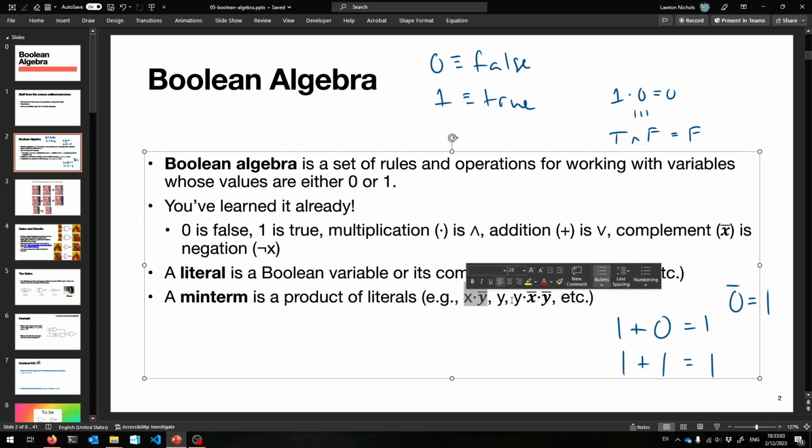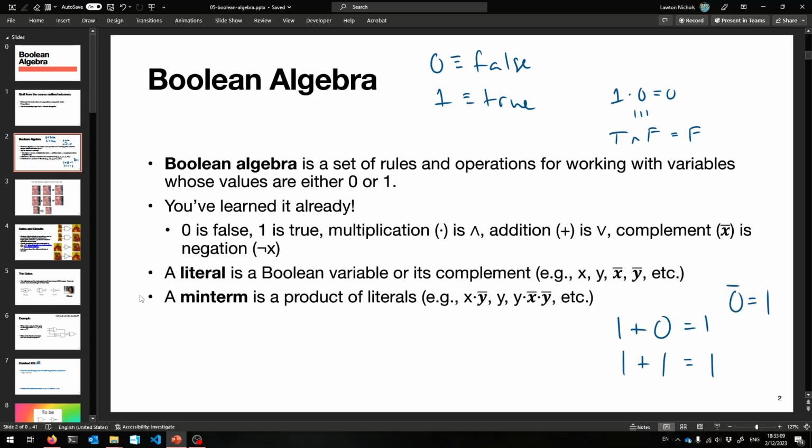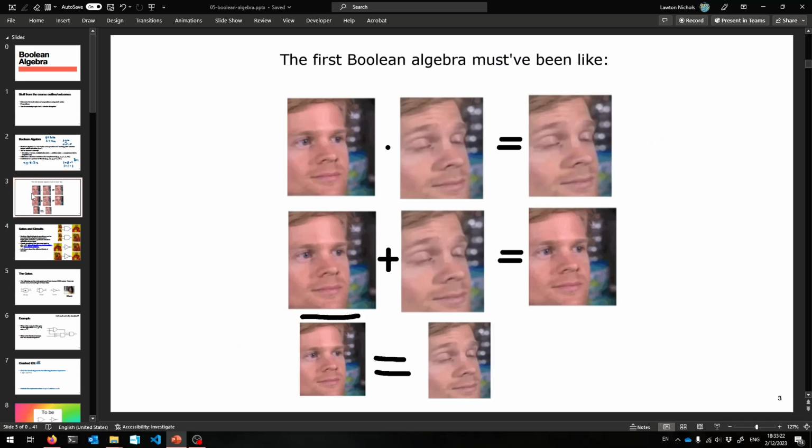Stuff ANDed with stuff is very, very important to us. So all of these things are min terms. Even variables by themselves technically count as min terms, but just a bunch of variables, maybe their complements too, multiplied together, this is a min term, all right? So that's just the notation, the terminology, and there's plenty of fun memes.